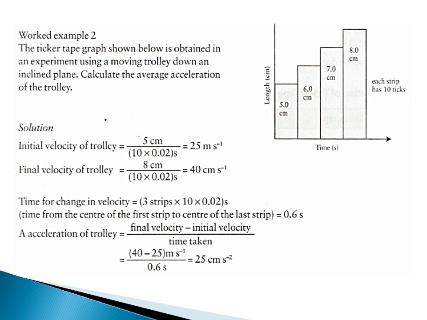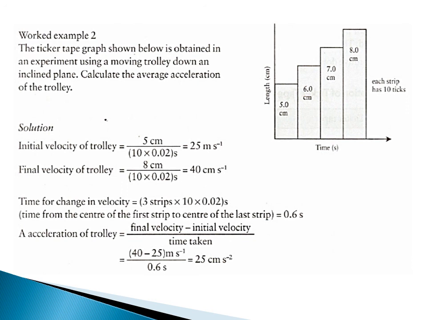Okay, time for the change in velocity is for 3 strips. Why do you count 3 strips? Because just now I already explained to you about the days, right? So even though they have 4 strips, that means it's 3 strips. So 3 strips times 10 times 0.02 second. Time for the center of the first strip to the center of the last strip is 0.6 second.